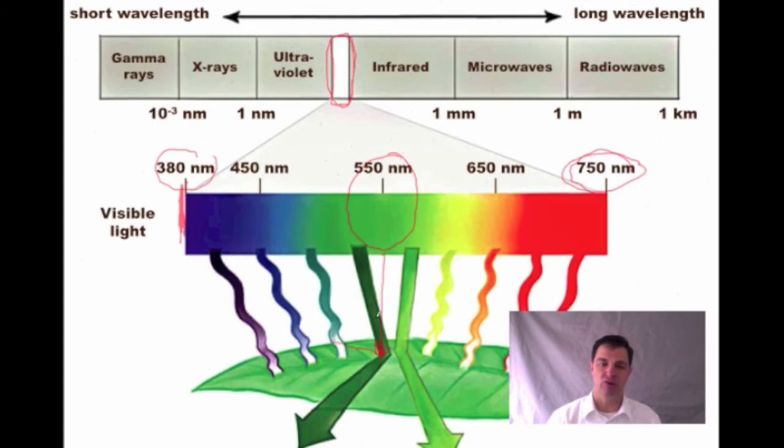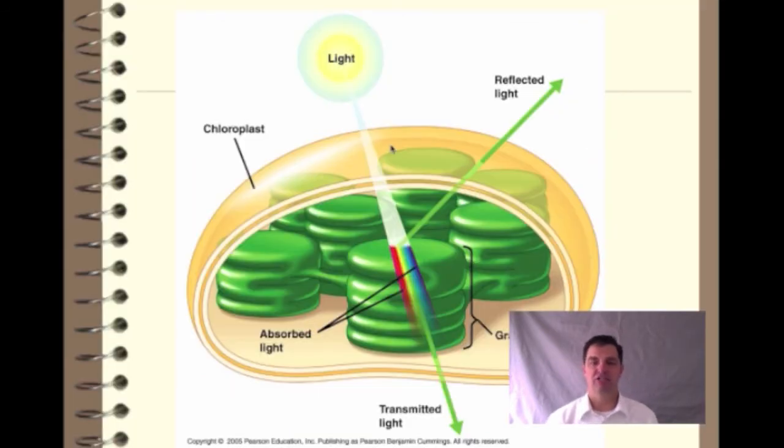And so we see green because the light from the sun hits that, and the green light that's in what we call the white light will bounce off, and you'll see green. Okay, so plants generally are absorbing blue light and red light, and they are reflecting green light, and that's what we see.